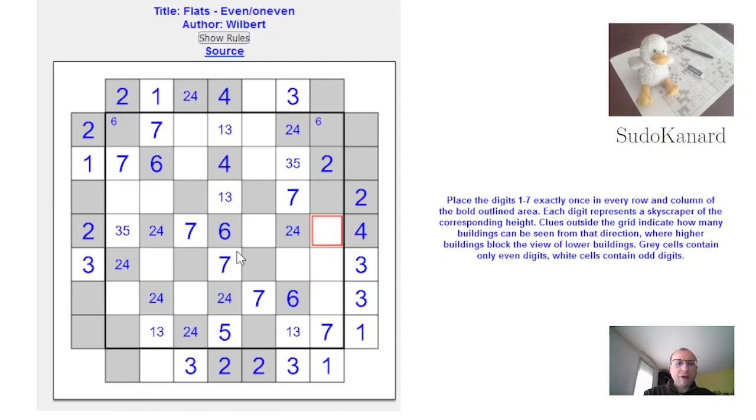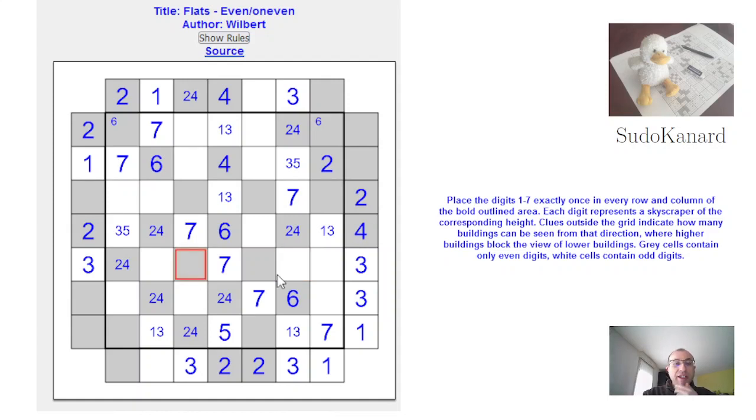Five here wouldn't work because we would see 3 buildings. So this is from 1 and 3. So 5 will have to be somewhere there. 5 here would work with the 3. 5 here would work with the 6 there. So no restriction here. And 5 here would definitely work with the 6 there.